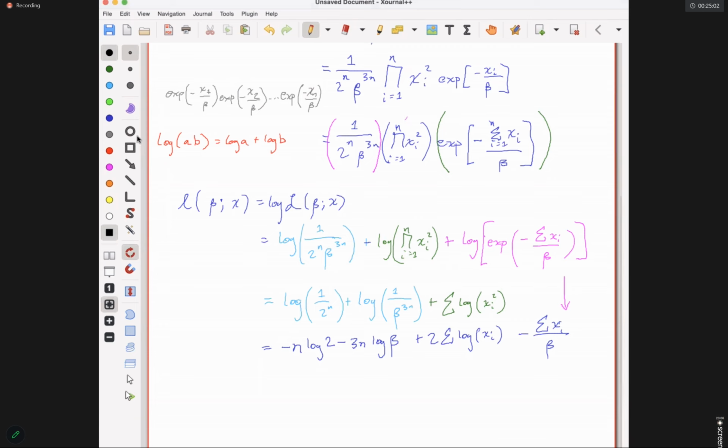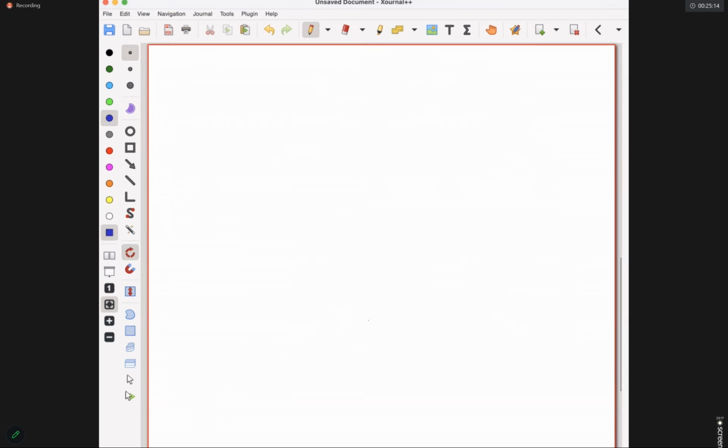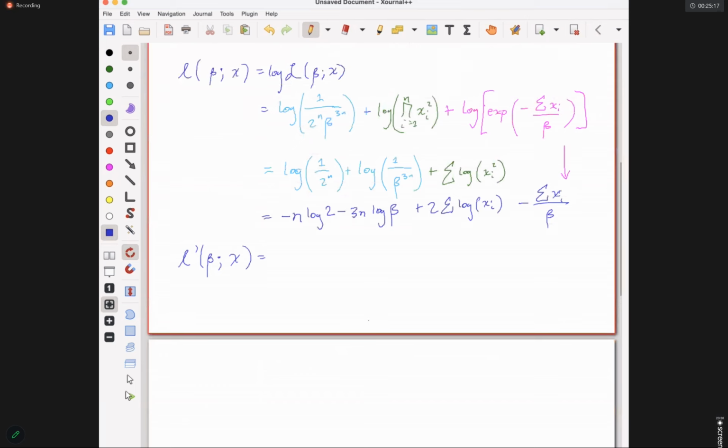So we differentiate with respect to beta. And what do we get from this? Not just -3.